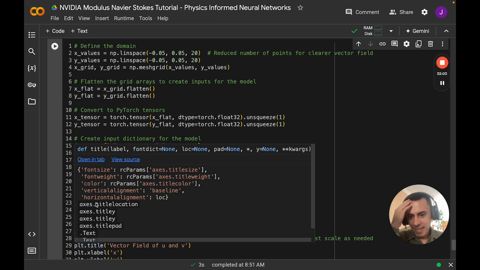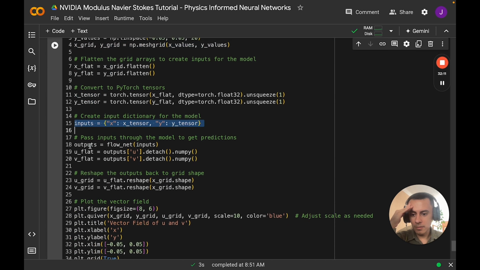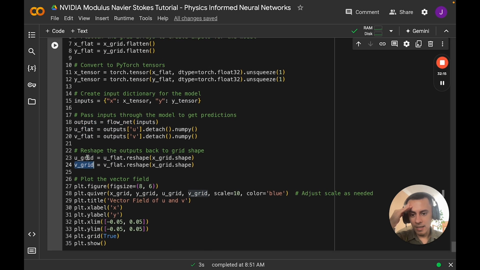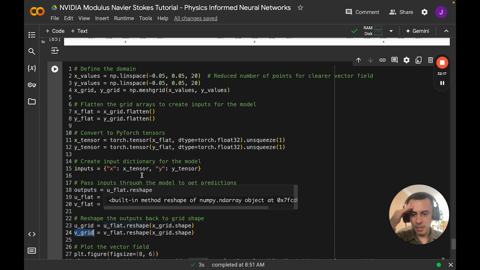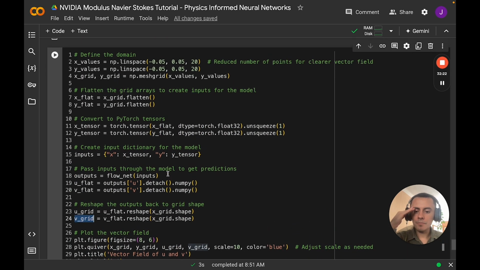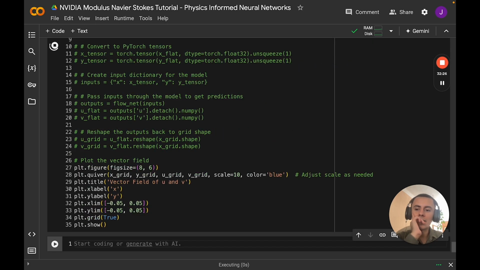So, for example, here I have the exact same script. The X values, that's grid, that's flat, that's tensor, the inputs, the outputs, U flat, V flat, U grid, V grid. I don't care about the pressure here, so I took that out. The only reason I have the same script again is because now I want to add a vector field.